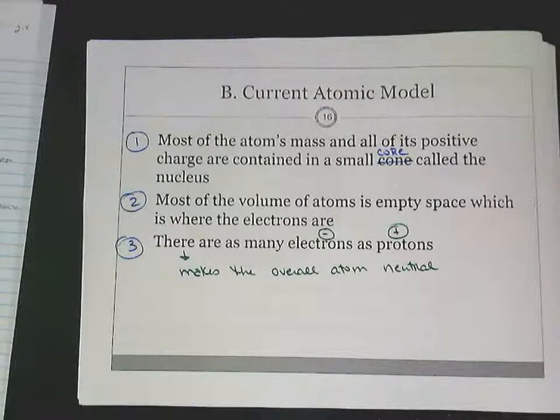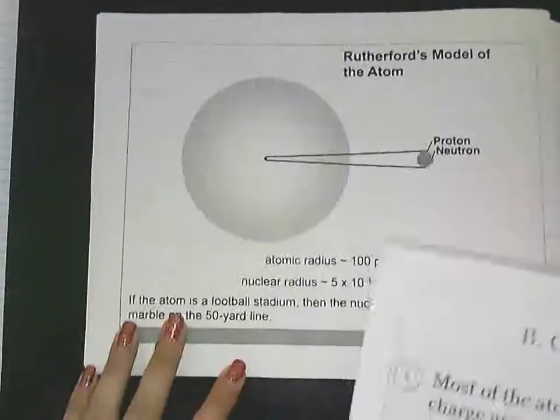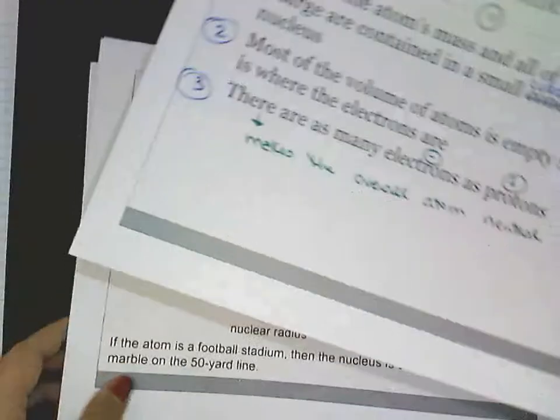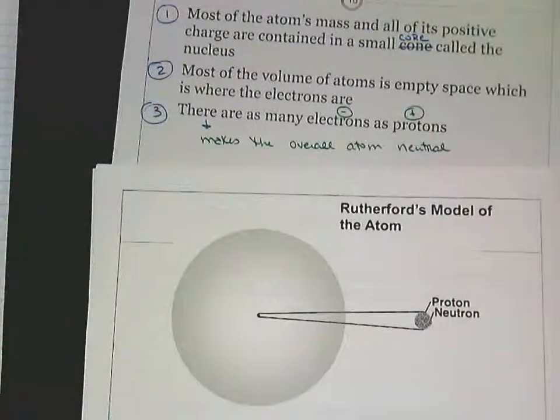So now, when we think about drawing an atom, you typically draw something that's a big circle with a little tiny center, and the center is where the positive charge is. Something like this. Right, so here is my gigantic atom, not life-sized.